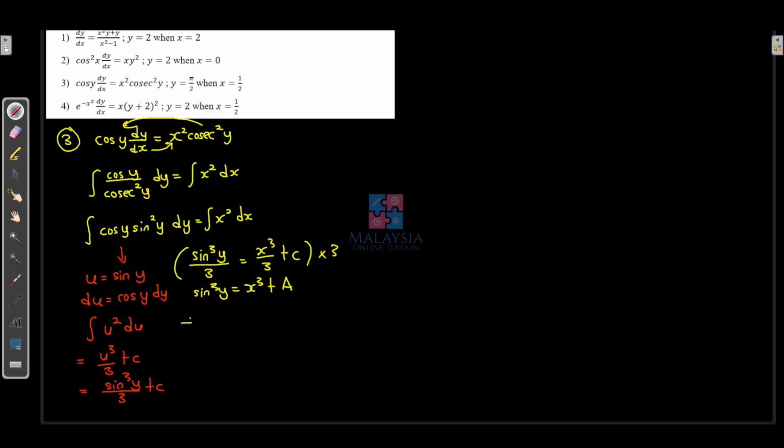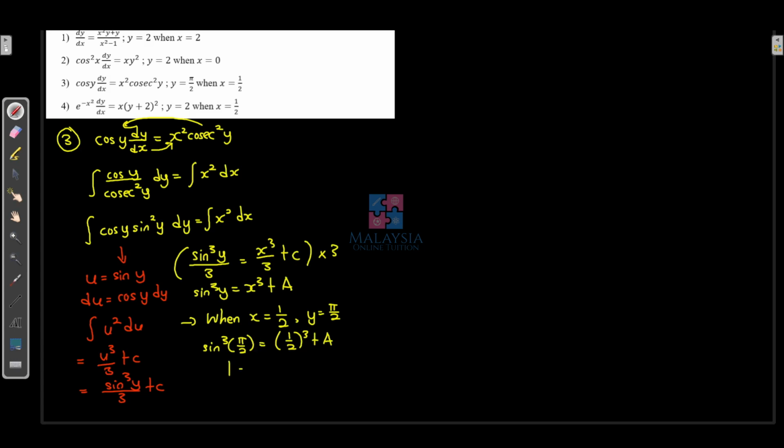So now we can substitute the conditions. When x equals 1 over 2, y is pi over 2. So on the left hand side we have sine cube pi over 2 equals (1 over 2) cube plus a. Sine pi over 2 is 1, and 1 to the power of anything is just 1.